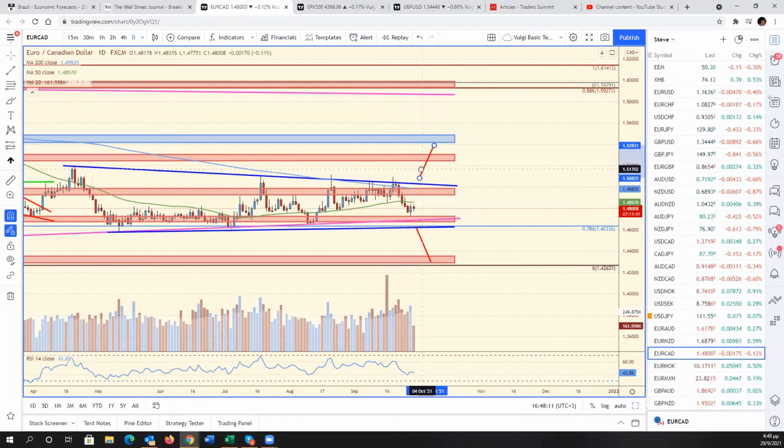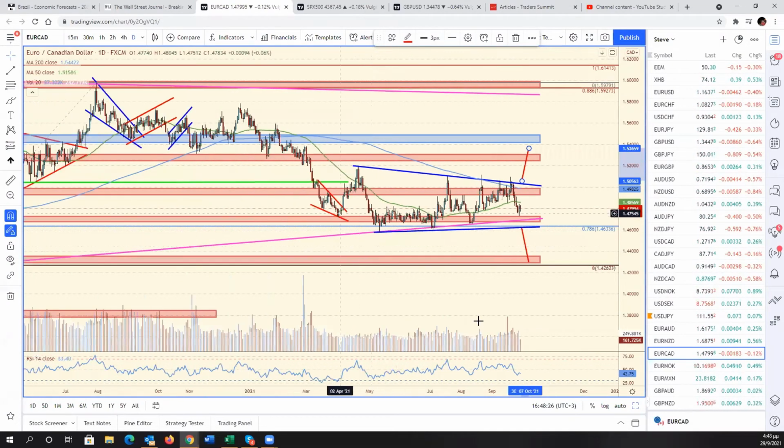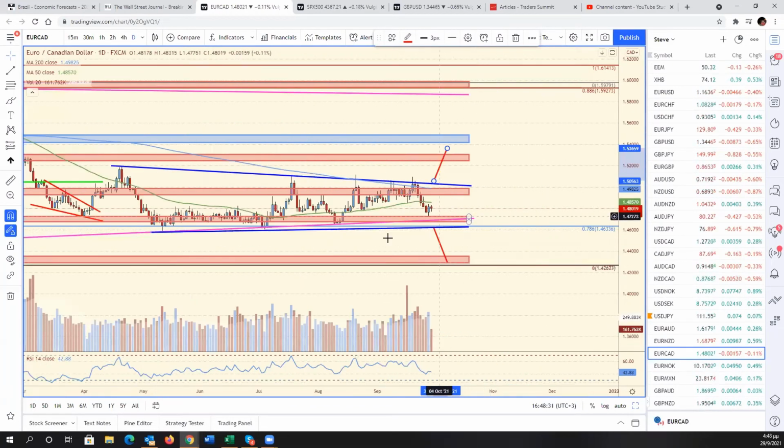But in my opinion, nothing to do as long as we trade above 146.50 and below 150.50. So between these two levels, there is absolutely no trend here. You can clearly see it. So I wouldn't be touching it for the time being. It's a good one to monitor though, because at some point it's going to break out, and probably when it does, I'm pretty confident it's going to produce some decent follow through.